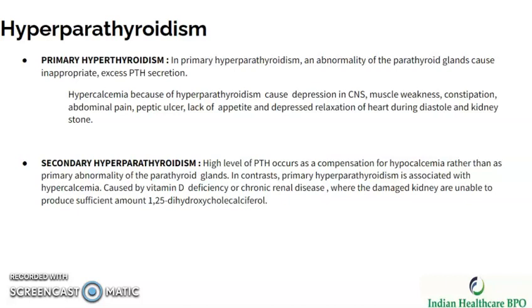In secondary hyperparathyroidism, there will be a high level of PTH that occurs as a compensation for hypocalcemia rather than as a primary abnormality of the parathyroid gland. In contrast to primary hyperparathyroidism, it is associated with hypocalcemia caused by vitamin D deficiency or chronic renal disease where there will be damage in the kidney.